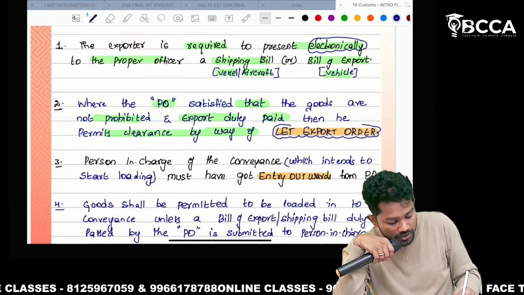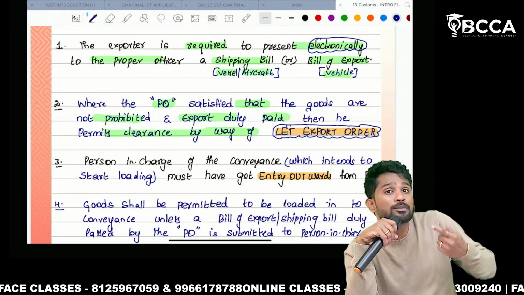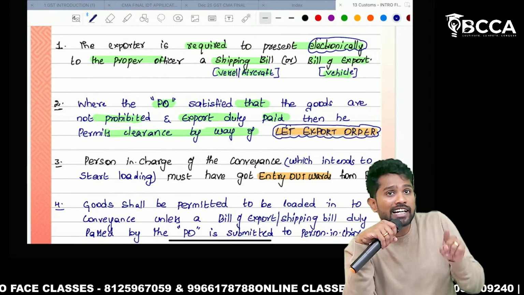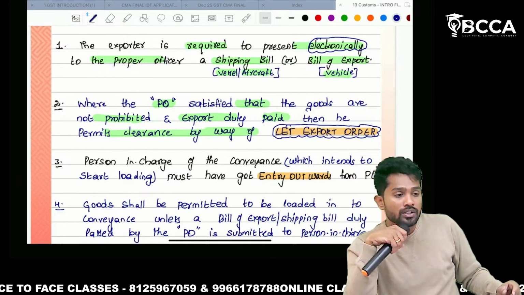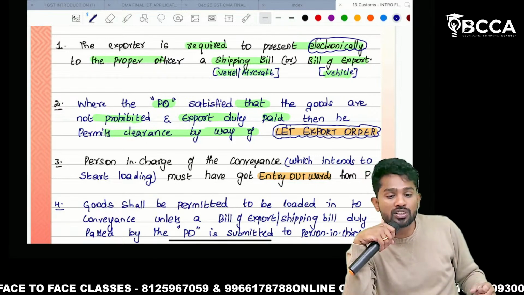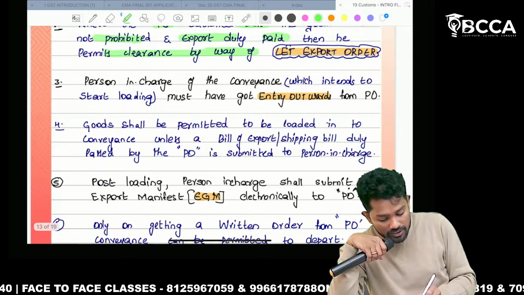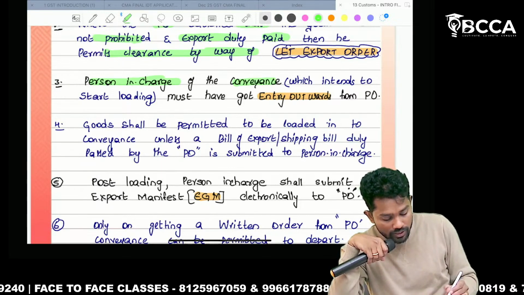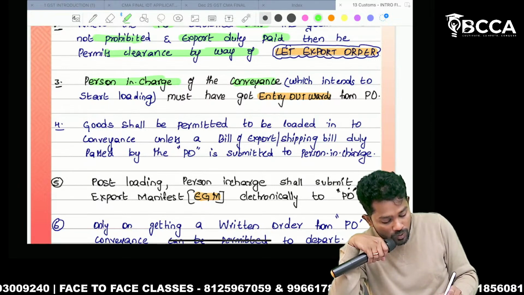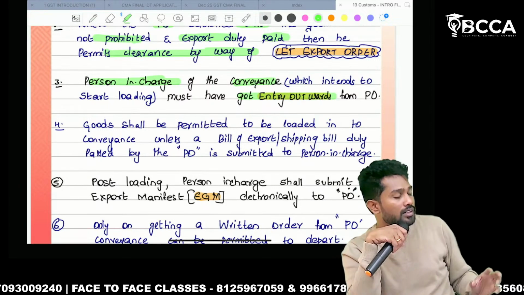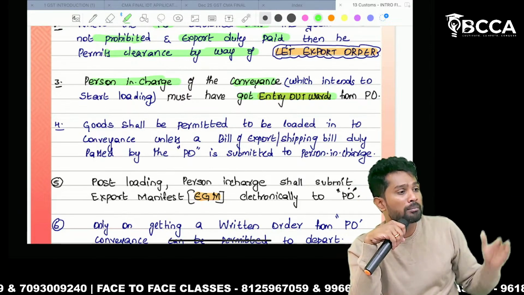The permission the customs officer gives to allow the goods export is called let export order. Then the person in charge of the conveyance must have got entry inwards. Sir, I want to load my goods in a particular vessel named Bhishma.